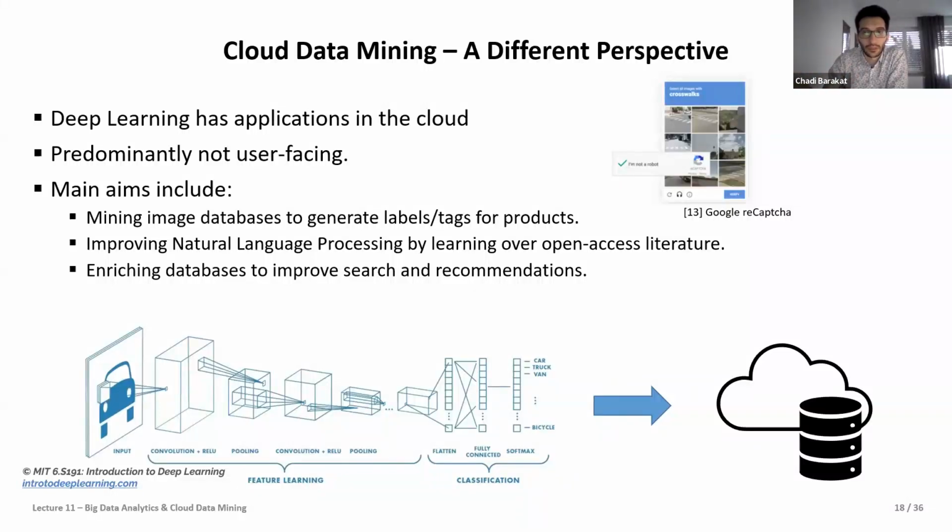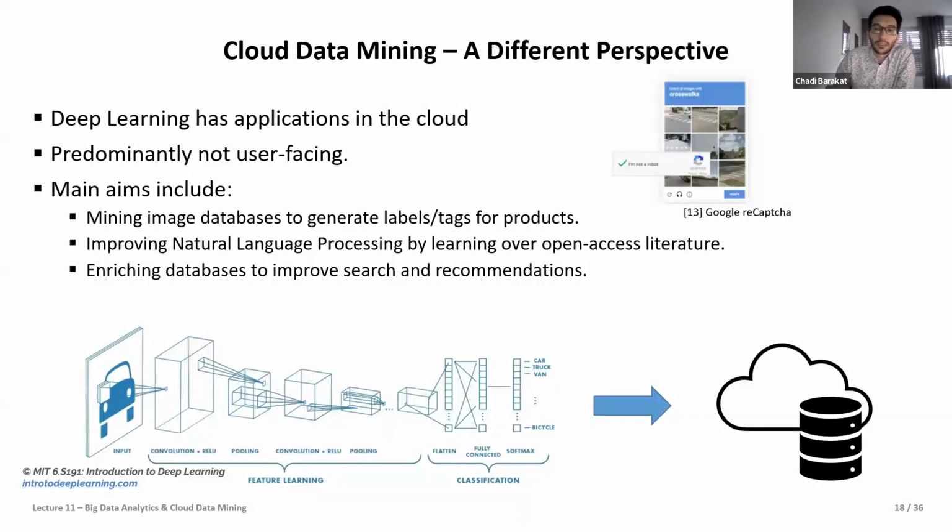These tags are then collected and fed back into the website of that retailer. If someone searches for a bottle and says, for example, I want a bottle that looks like a high heel shoe, they can easily find it because the algorithm was able to detect that this looks like a high heel shoe. So this is an application of images being used to generate labels and tags for searching on the website.